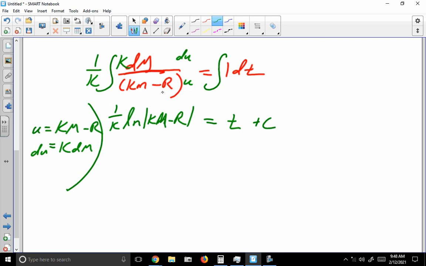We're not going to have a point where we have a negative amount of fish in the pond. So we get 1 over k natural log of km minus r equals t plus c. We want to move the k to the other side, so multiply both sides by k.